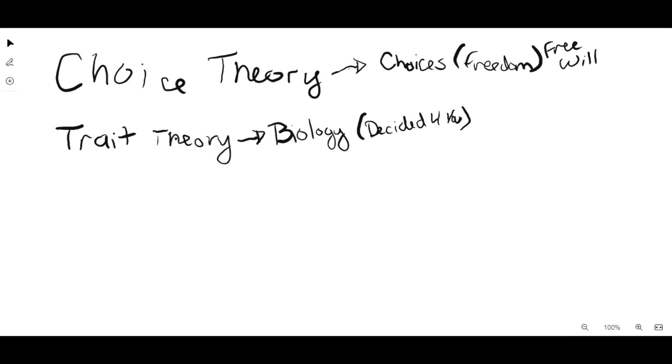Then I urge you to think about what impact this understanding has on ways to treat individuals with autism spectrum disorder, bipolar disorder, or any neurodivergent individuals within the criminal justice system as a whole. If we take trait theory at its base level, does this mean that we have to treat them differently? Should we be treating them differently? Or how do we approach that?